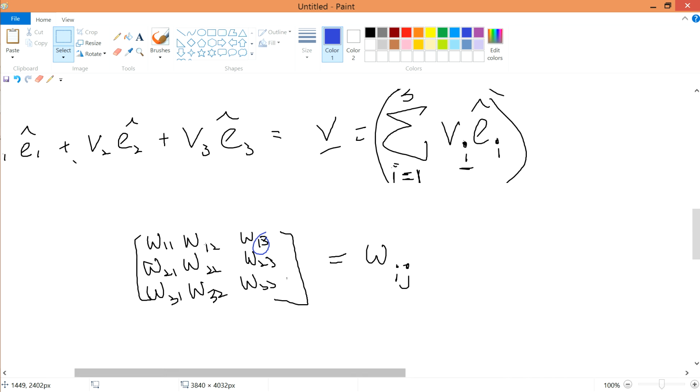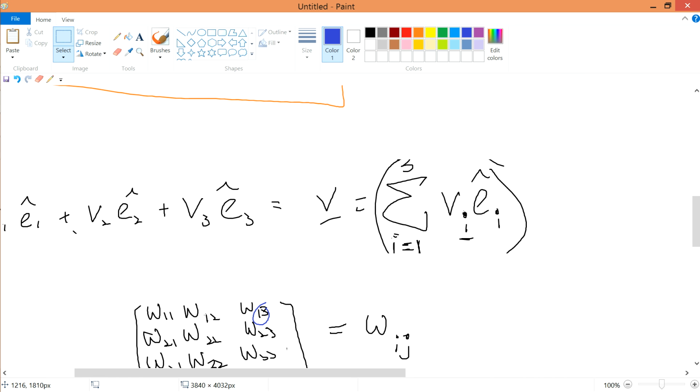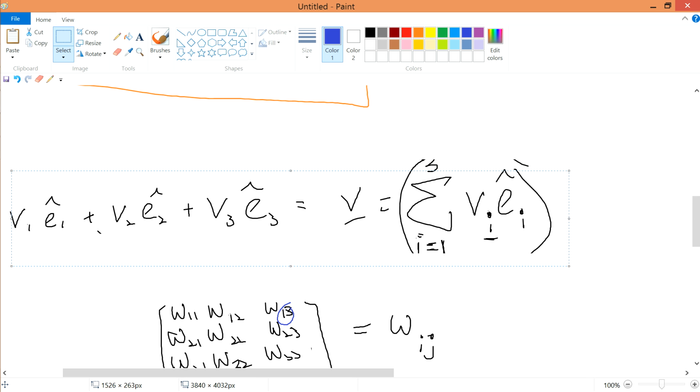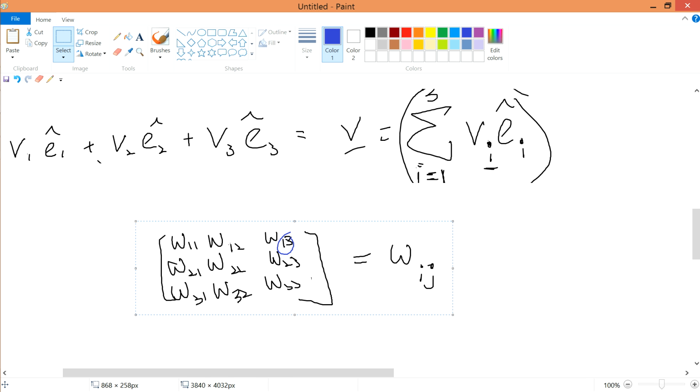If I were to multiply this vector with this tensor, this matrix, which I now call a second order tensor, what would I have?